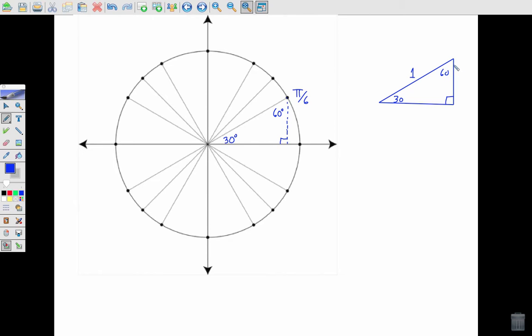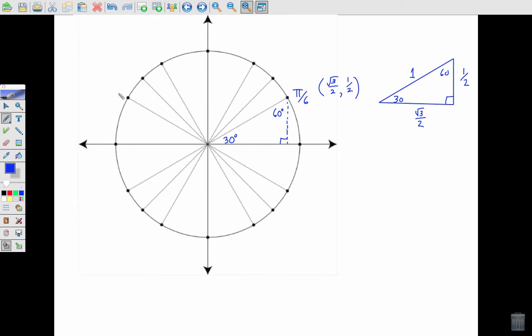And because this is a special right triangle, this side is 1/2 of this side. So this distance is 1/2. And if you use the Pythagorean theorem, you'll find that this side is root 3 over 2, making this terminal point root 3 over 2, that's the x value, comma 1/2.